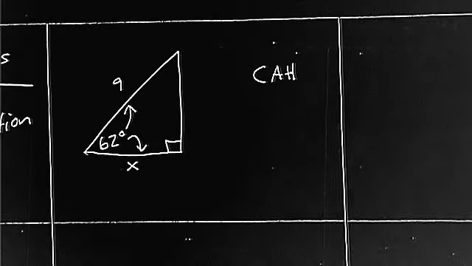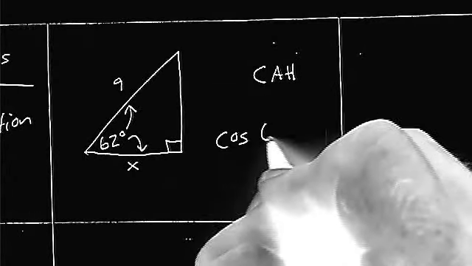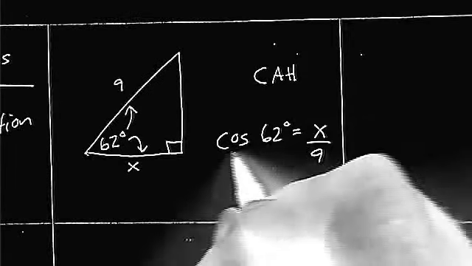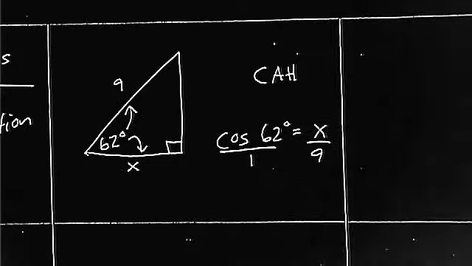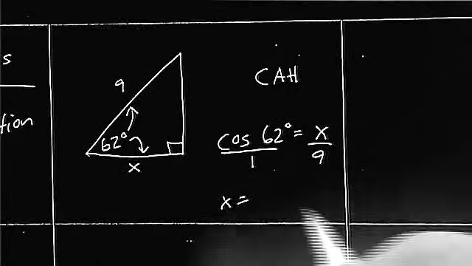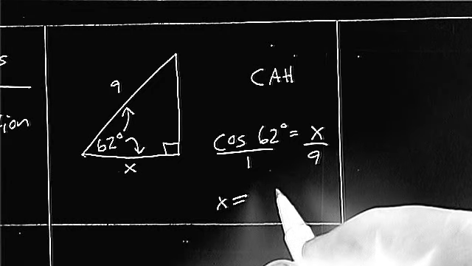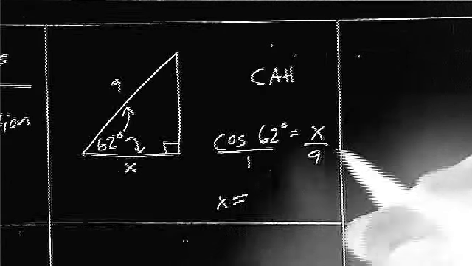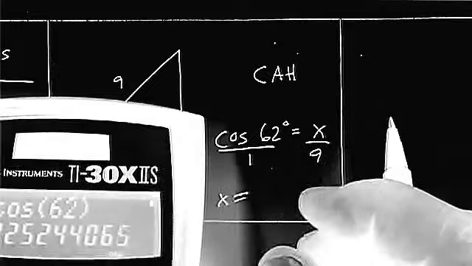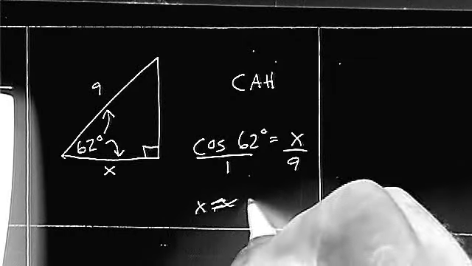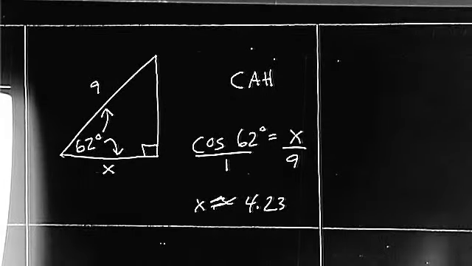Well, yes, that's cosine, right? So cosine 62 degrees equals x over 9, adjacent over hypotenuse, and we're going to cross multiply to find the answer. So 9 cosine 62 gives me 4.23. So approximately 4.23.